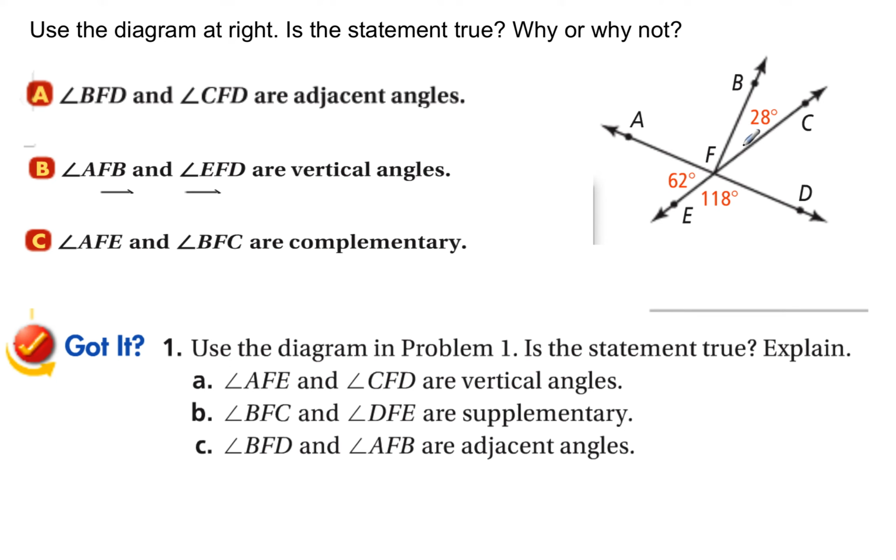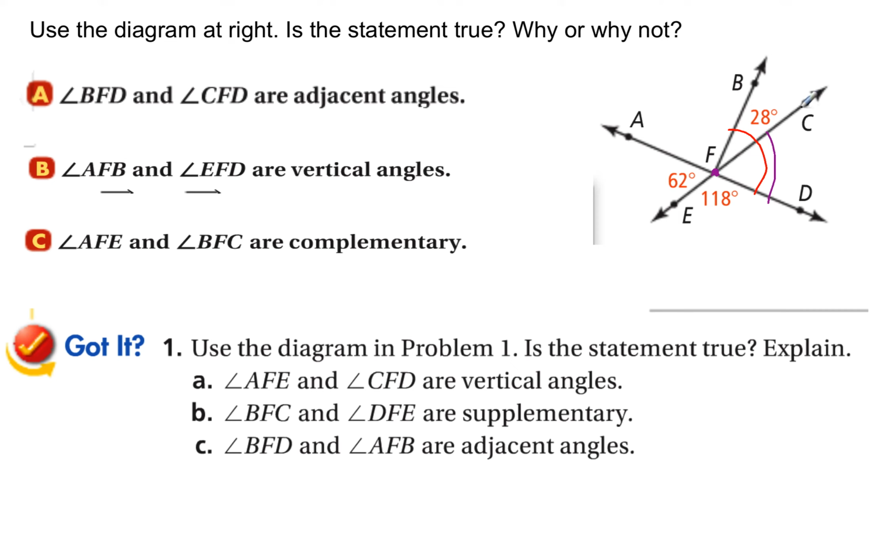Angle BFD is this big angle over here. Angle CFD is this angle over here. Now, the problem is that although they do share a common vertex, they do not have a common side. Angle BFD has sides BF and DF. CF is not part of angle BFD.